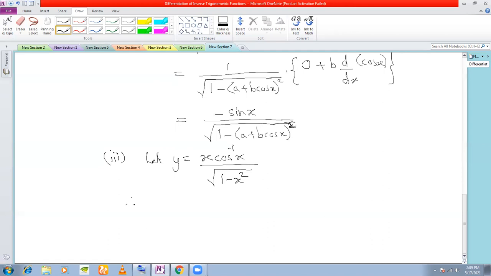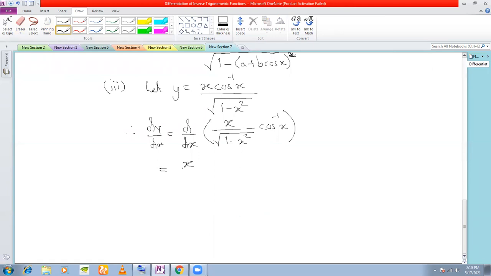Okay, so how will you do this? The x by root under 1 minus x square, we will take it together. You write this in this manner. So this becomes your u, this becomes your v. Now you differentiate this by the u into v rule.